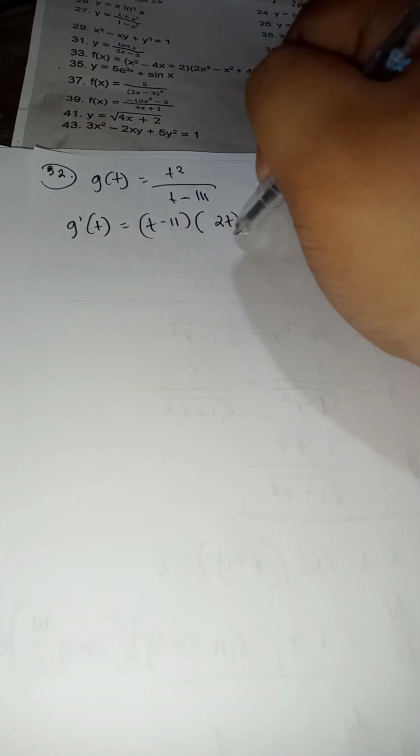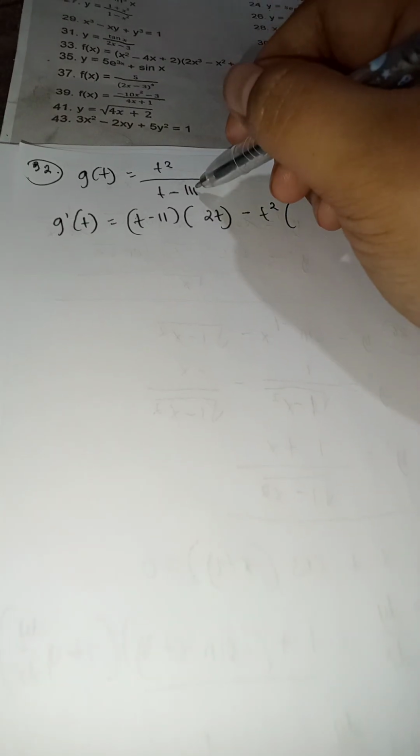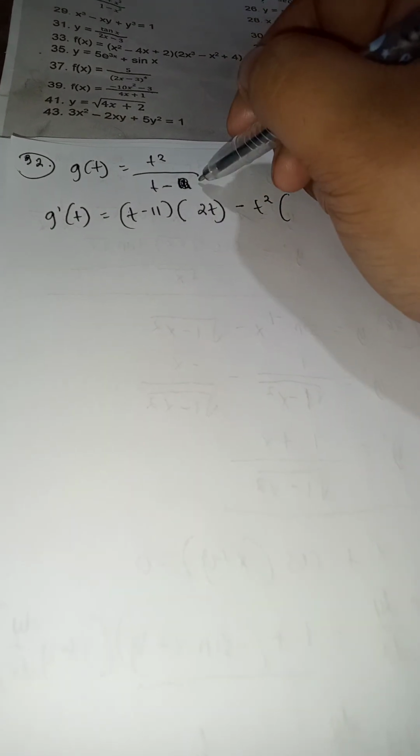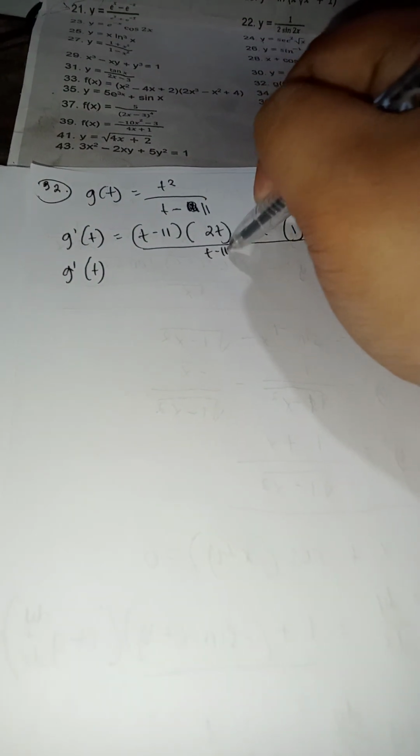So let's proceed with number 32. The problem is g of t is equal to t squared over t minus 11. Apply the quotient rule. So g prime t is equal to t minus 11 times the derivative of t squared, which is 2t, minus t squared times the derivative of t, which is 1, over t minus 11 squared.